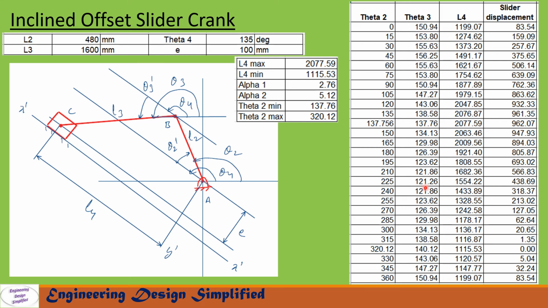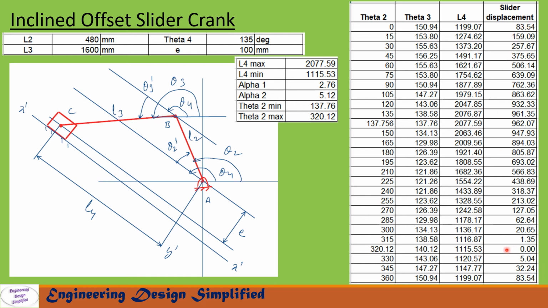So these are the theta 3 values, and L4 is also calculated using the equation derived previously. So at this angle 137.756 degrees, we get L4 max, that is 2077.59. At this angle 320.12 degrees, we get L4 minimum, 1115.53.